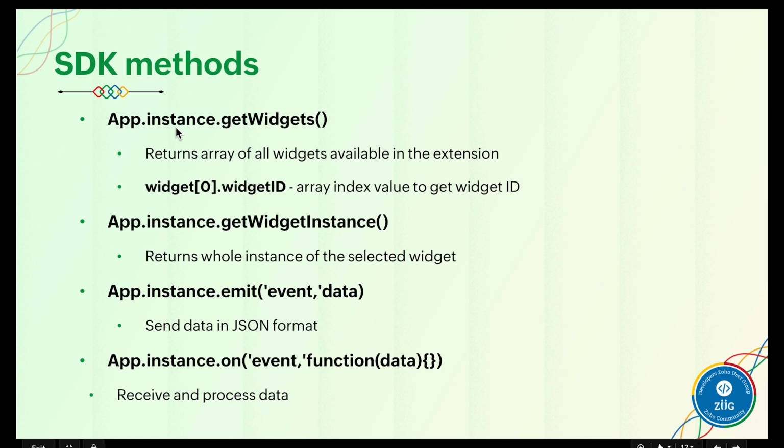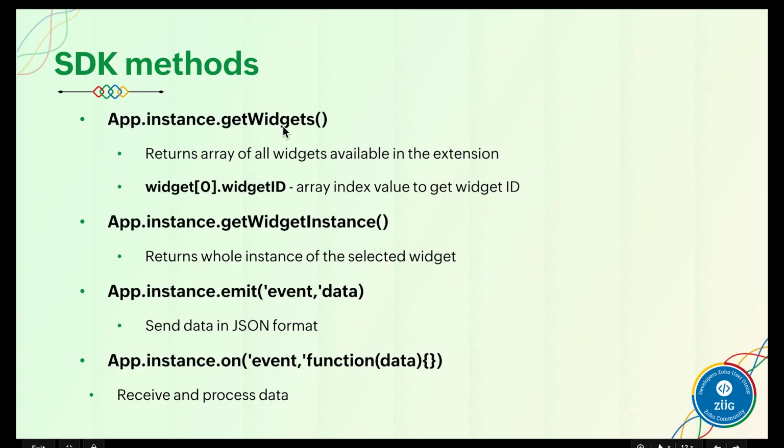First is the app.instance.getWidgets SDK method. I said that the sender widget should be able to identify the receiver widget's identity, right? So we'll first use this getWidgets SDK method, which will return the array of widgets available within the extension.